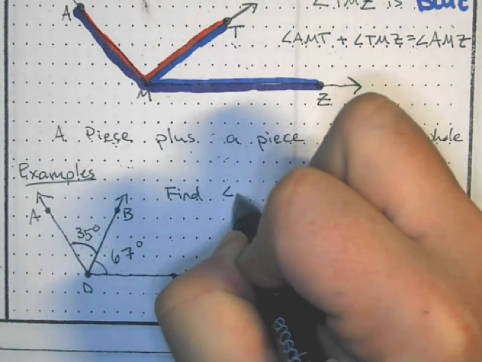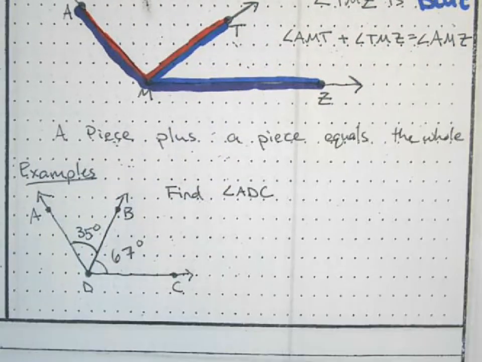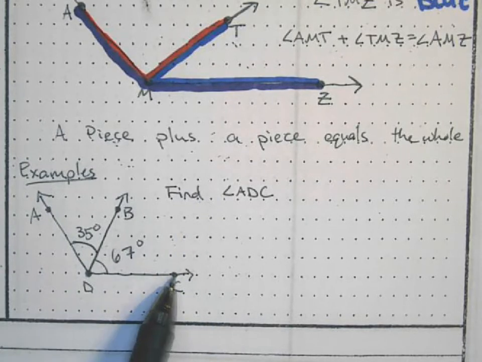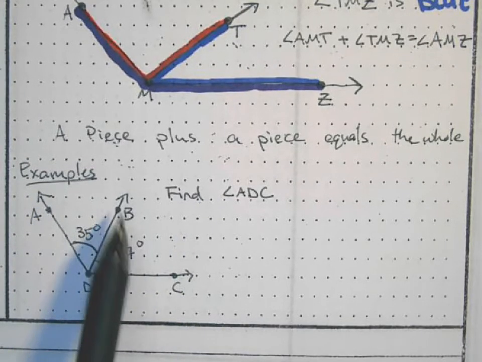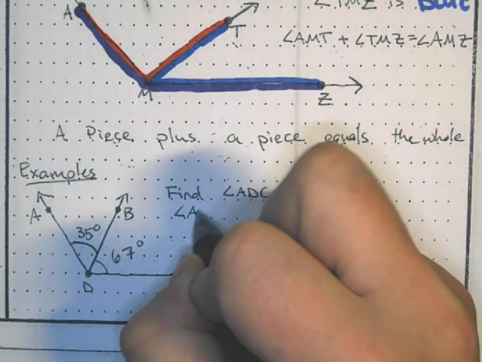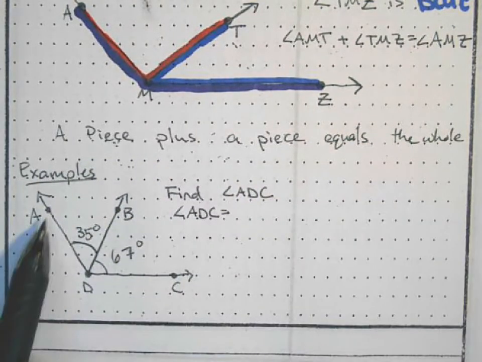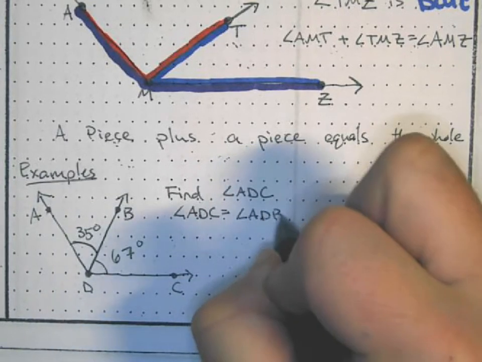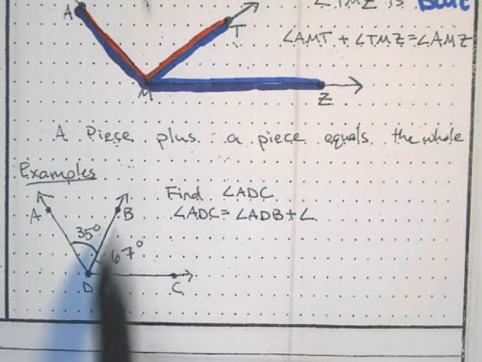Find angle ADC. Well, angle ADC is made up of ADB plus BDC. So we can say angle ADC is equal to angle ADB plus angle BDC.